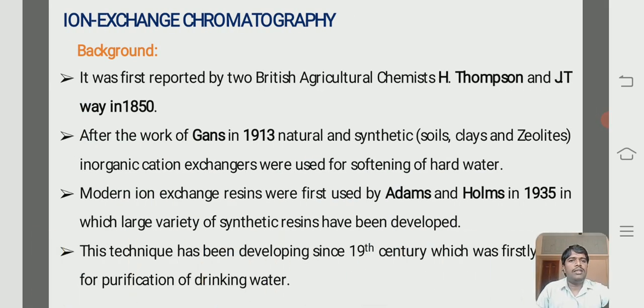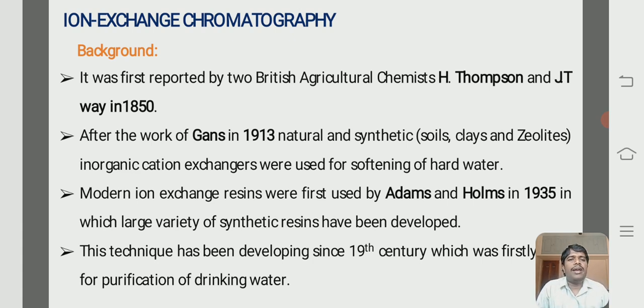First, let us see the background of this ion exchange chromatography. It was first reported by two British agricultural chemists, H. Thomson and J.T. Way, in 1850. After the work of Gans in 1930, natural and synthetic inorganic cation exchangers were used for softening of hard water.